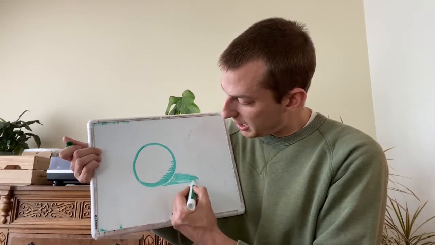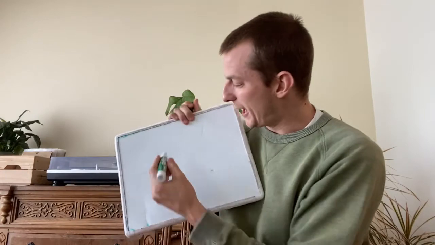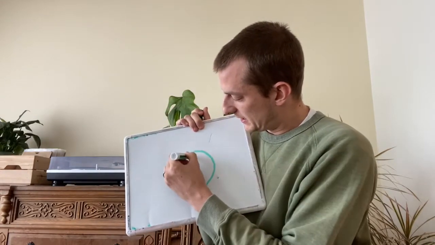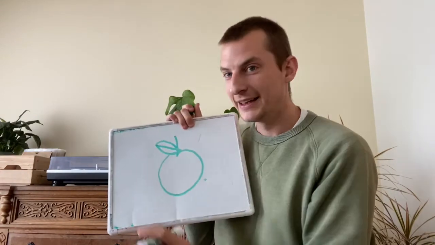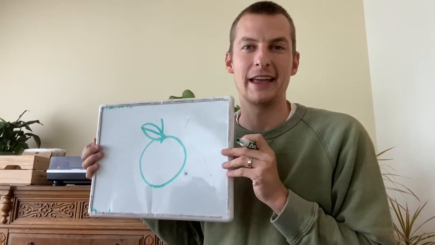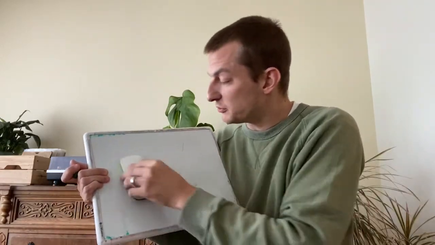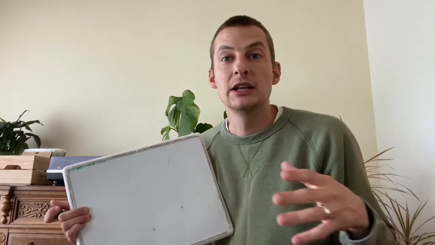When we're drawing our apples today, I want you to keep an eye out for the shadows. Now, I know some of you have drawn an apple like this, and that is totally fine. And I still draw apples like this today. But for this project, I'm gonna ask that you really try to pay attention to the shape of the apple that you're trying to draw, as well as the color of the apple.